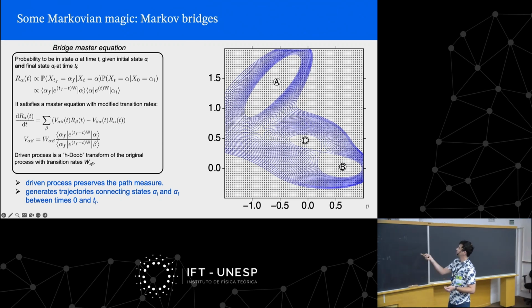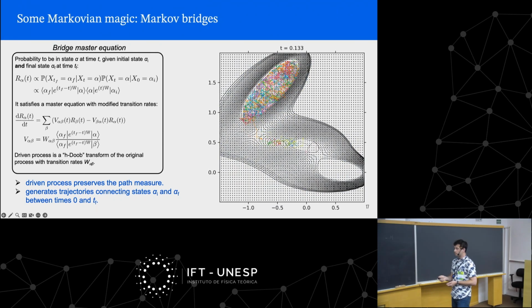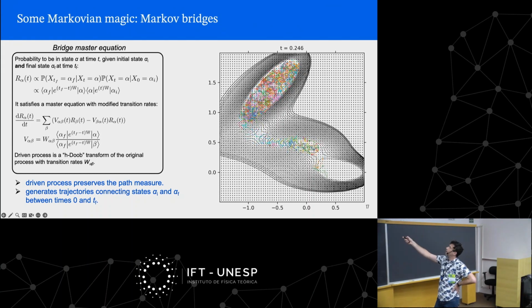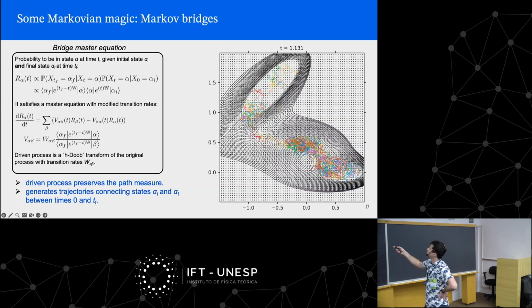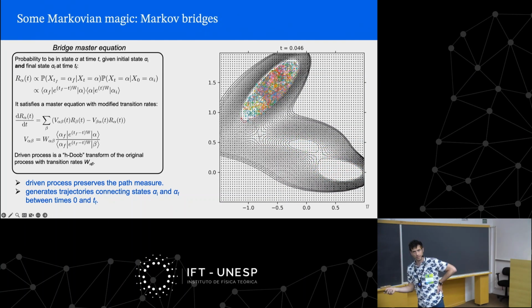Revisiting my example, this is now how the simulation would look. I started in A, and I've enforced that at a certain time TF, all of them must end up in a given state in that well B. And you can see now that the trajectories are leaving A, making it to the top there, and then ending up in the final well B. Something to remember is that this T is now much smaller than the one before, so it's much more efficient to run this simulation.